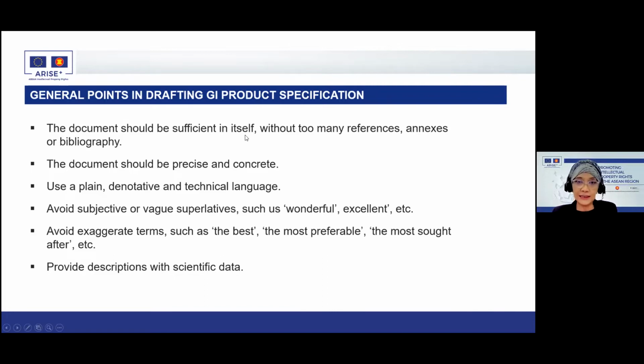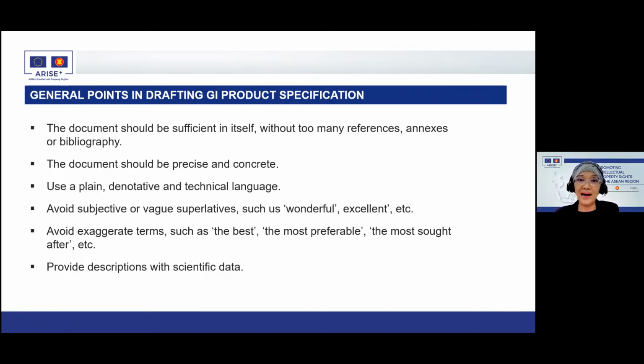Of course, if we take the data from, for example, books or from research, we have to mention it, but don't make it like dissertations, master or undergraduate thesis. No, it is a document of GI specification, so it should be sufficient in itself without too many references. The document should be precise and concrete.